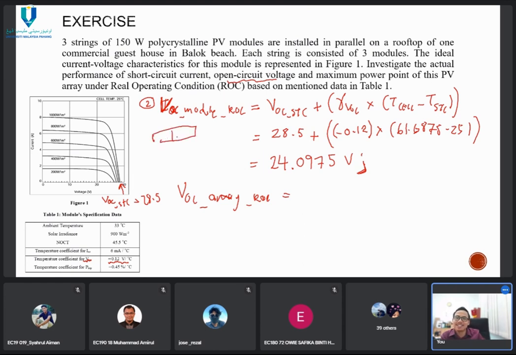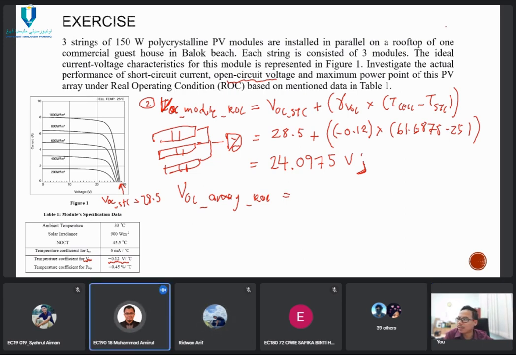Cepatan. Voltage kena darab dengan 9. Voltage kena darab dengan 9.